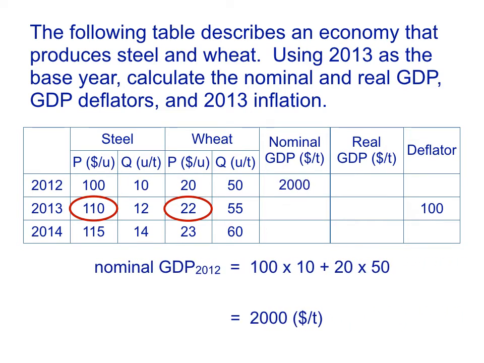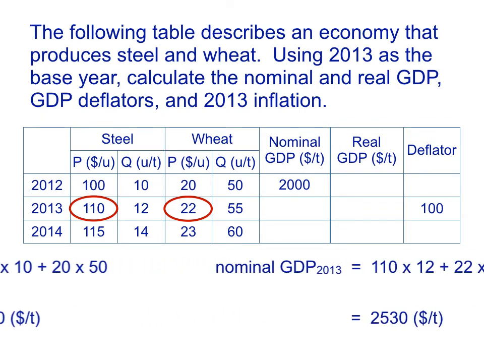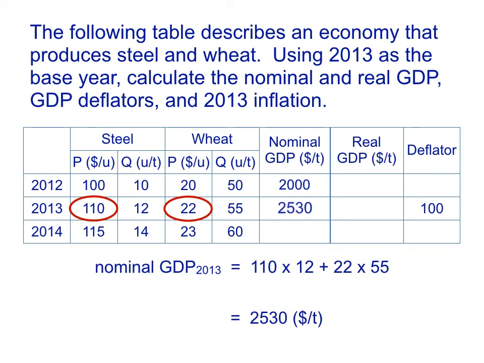First thing I'm going to do is calculate my nominal GDP for 2012, which is 100 multiplied by 10 plus 20 multiplied by 50. All right, so I need to do the full calculation. The next thing that I can do is calculate my nominal GDP for 2013. So 110 multiplied by 12 plus 22 multiplied by 55.